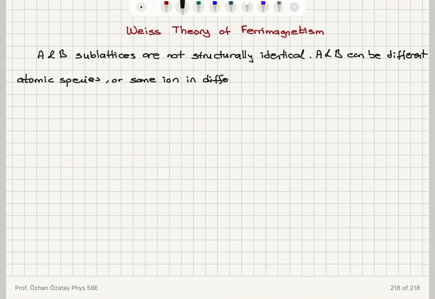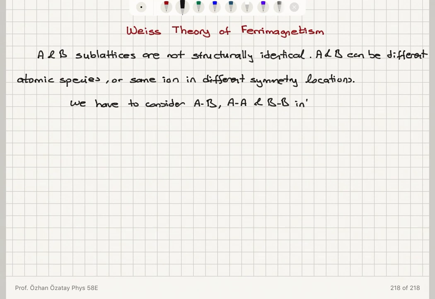So we're talking about symmetry locations in the crystal. So we have to consider A sublattice, B sublattice interactions, A sublattice interactions, and B sublattice interactions.